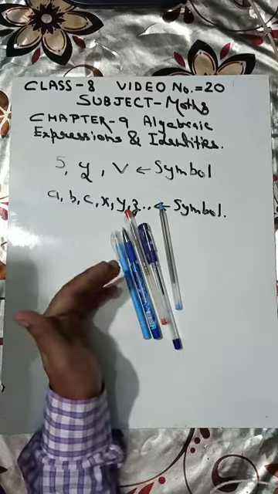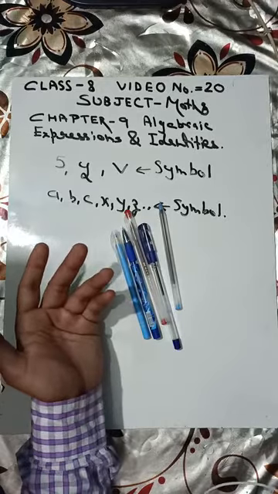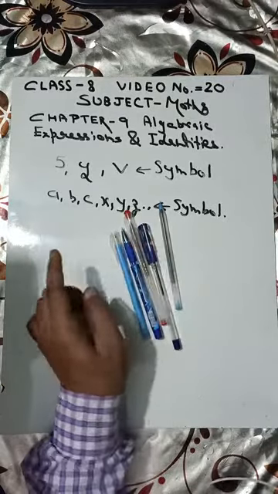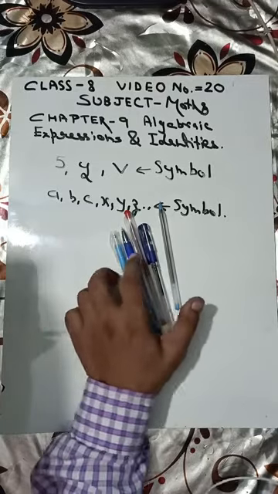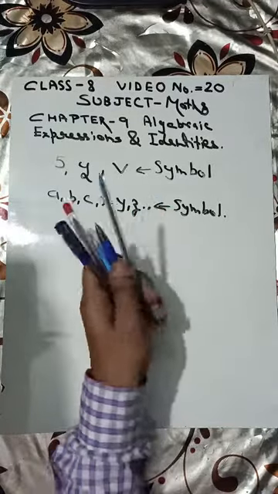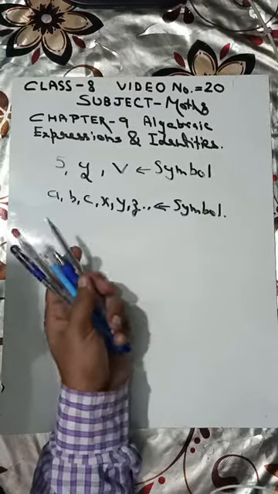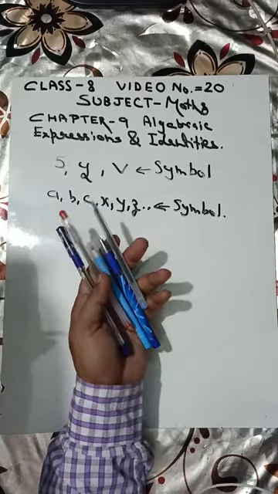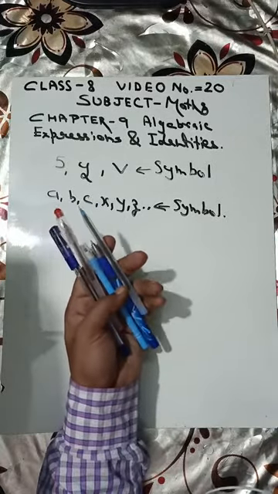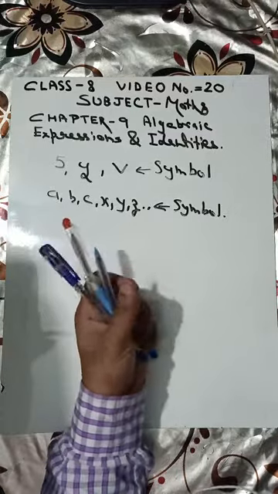If I go to some other school, the child will also give me the same number of pens. If I go out of India and ask about 5 pens, they will also give me 5 individual pens. Maybe they will give me a different company's pens, but their number will be the same.